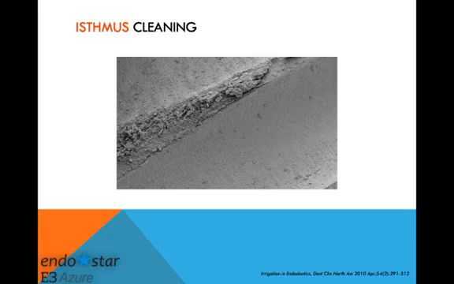Now, in a case which has necrotic pulp, if I am not cleaning this isthmus, there is a chance that my case might fail over a later period of time. Now, this area is not to be shaped with any rotary file, but it has to be cleaned actively with ultrasonics and sodium hypochlorite.